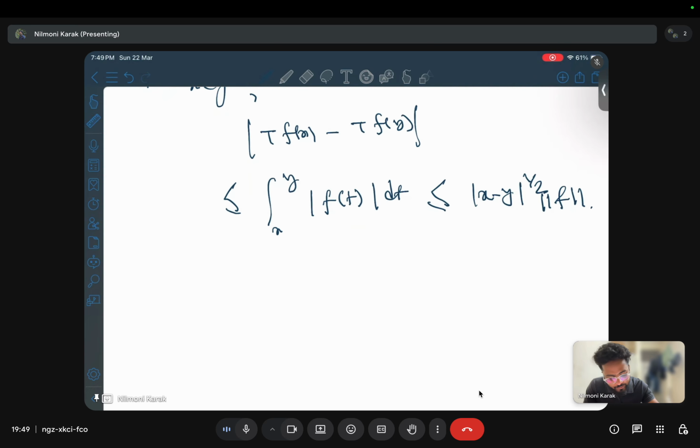So this Volterra operator is compact. To show this, we first assume norm of f equals 1 for all f in the unit ball U in L2[0,1].